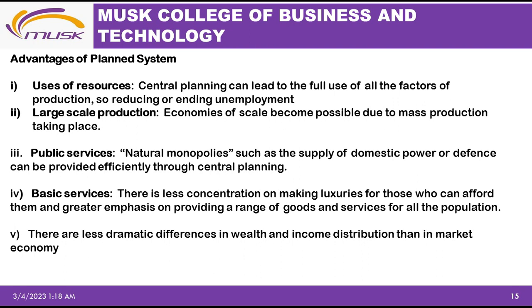So you will realize in a planned economic system, the government will run institutions that are like monopolies, because they would want to take control of those kinds of organizations. For example, those that are supplying power, those that are supplying defense items or security items.